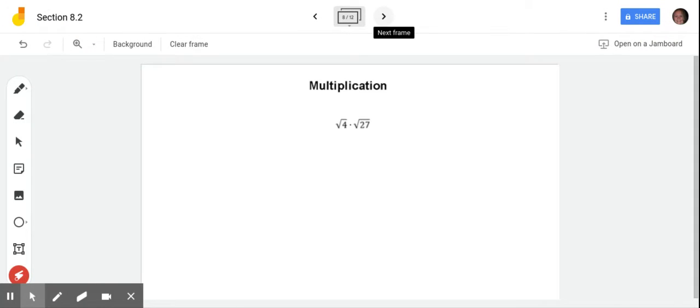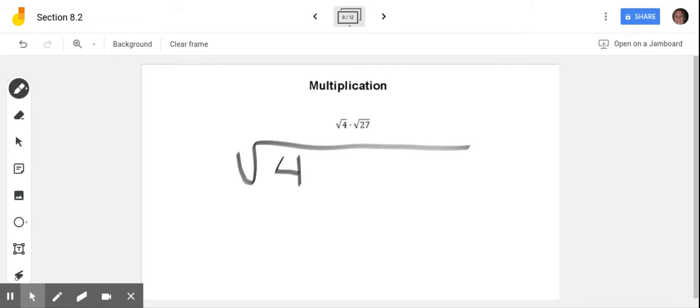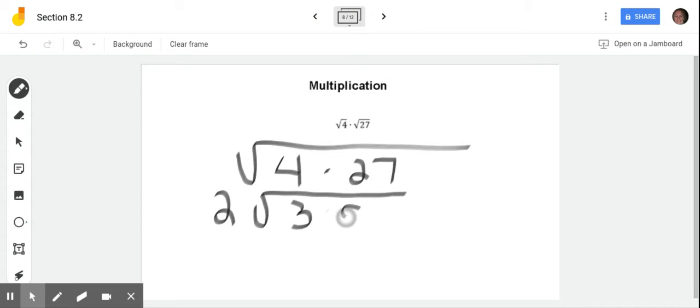Okay. Radical 4 times radical 27. So I'm going to rewrite this whole thing as 4 times 27 all under a radical. I know 4 is a perfect square, so I'm going to do 2. And then 27 I can rewrite as 3 times 9. Well, 9 is a perfect square, 3.